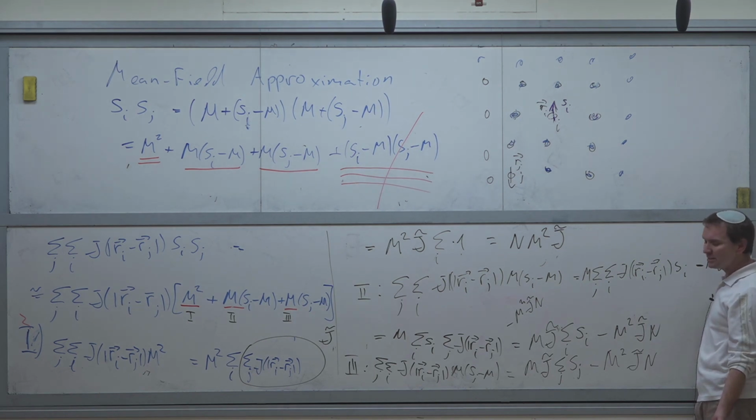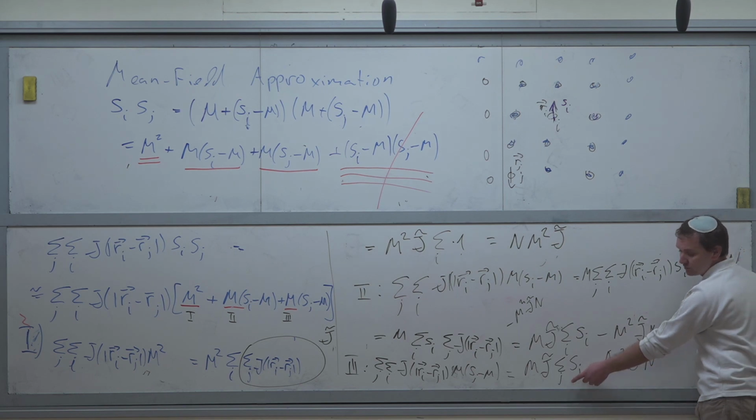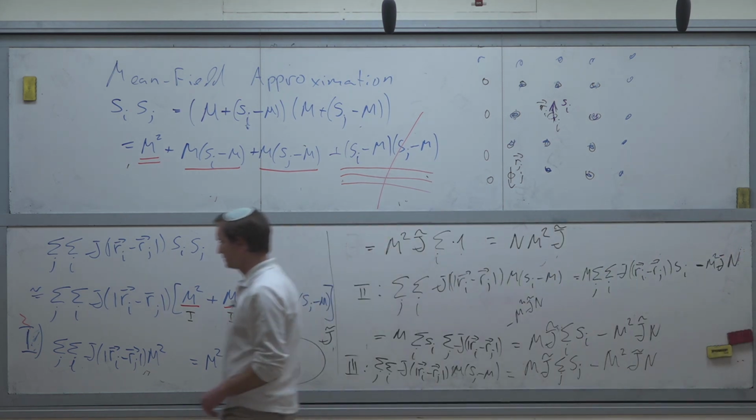Okay? It doesn't matter if I'm summing over i or over j. I'm just summing over all the spins.